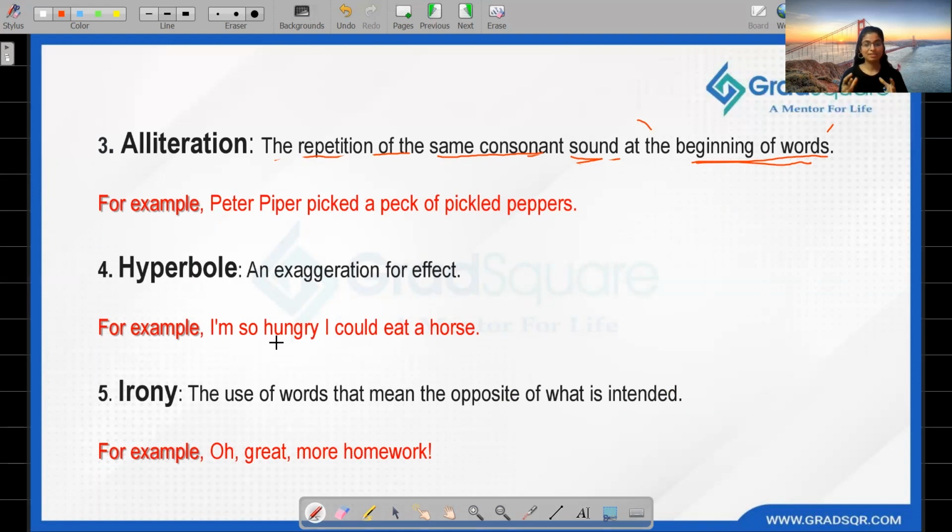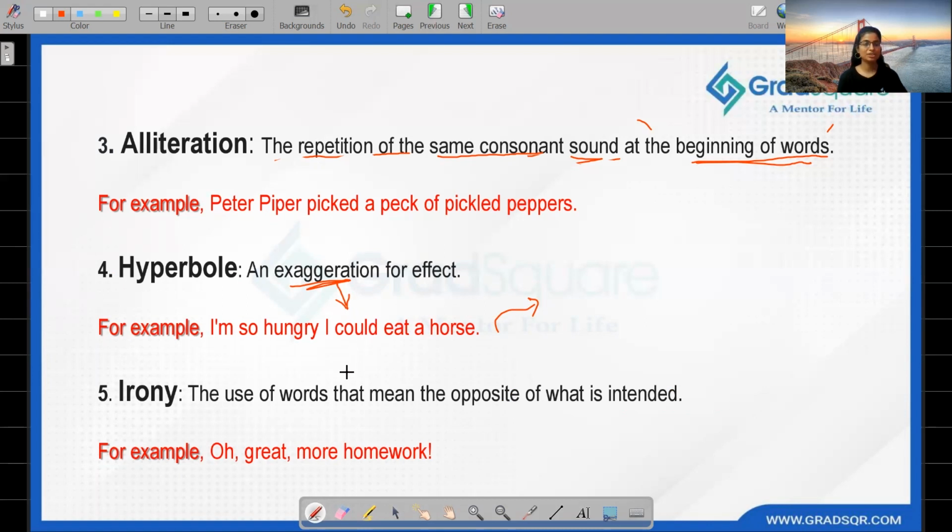Basically, he's exaggerating the way he feels right now because he is so hungry, and he's exaggerating it in such a way that he could eat a horse. So it's basically exaggeration to a certain level that it makes the whole sentence more vivid.